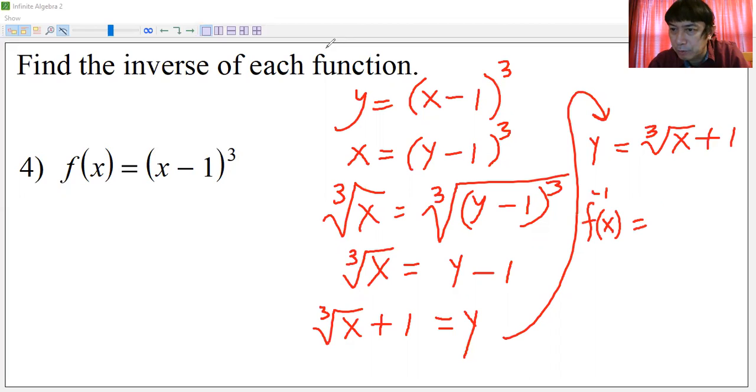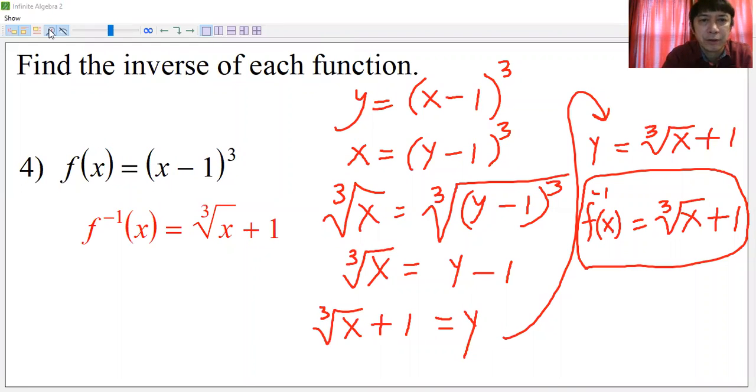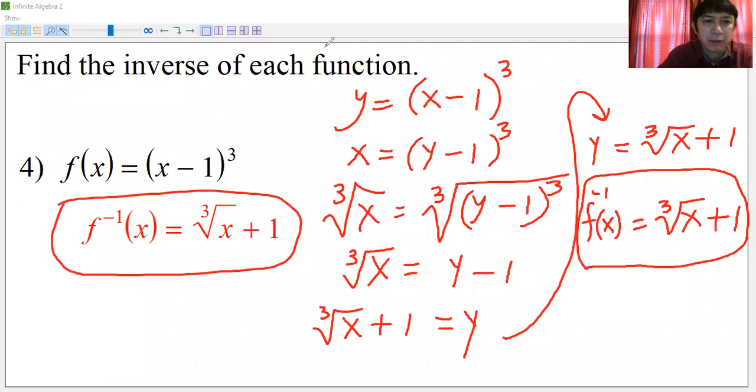And this is equal to the cube root of x plus 1. This must be the answer. And we can verify this over here. And that's it. We're correct with number 4. Let's do number 5.